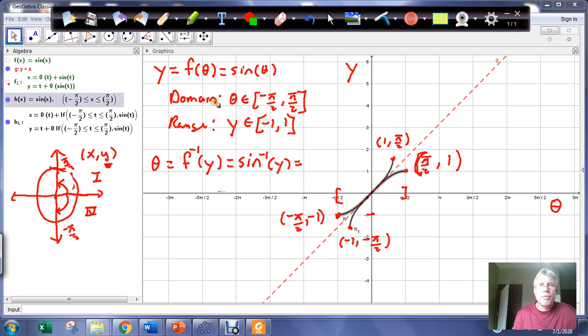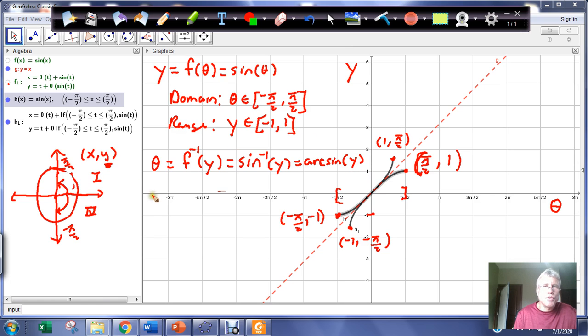And the other name that we use for the inverse function is arcsine, and then we usually chop the e off, so we usually go arcsin without the e, and it's arcsin of y.